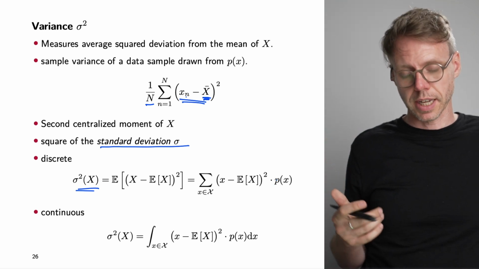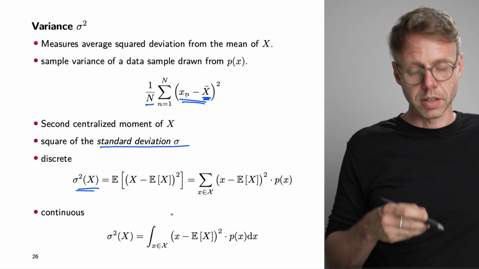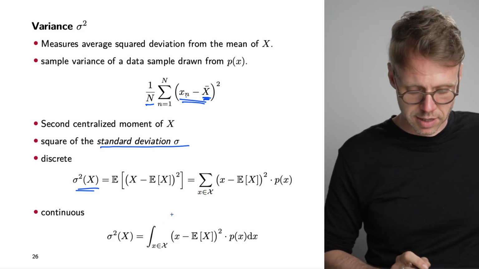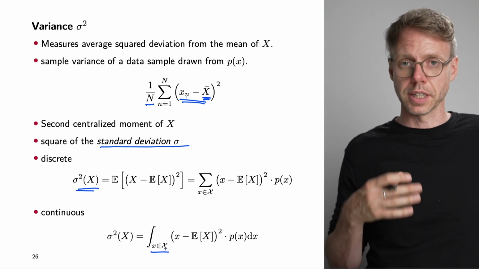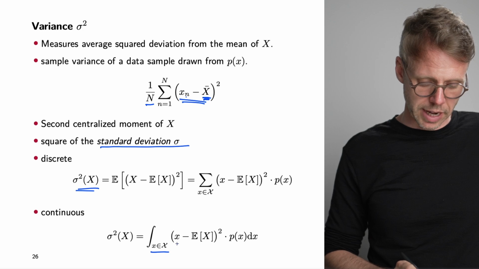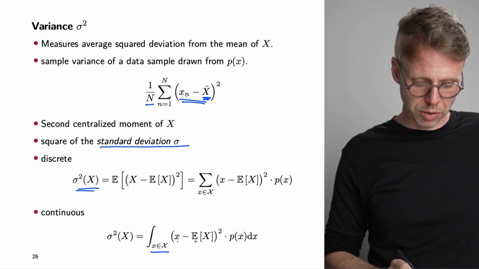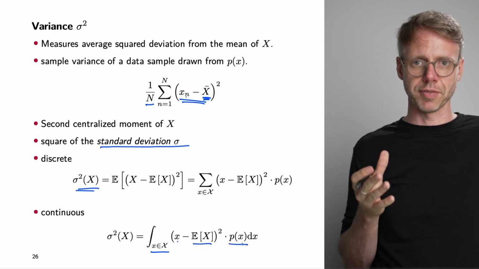And in the continuous case, the expectation is not a sum, but an integral. It's an integral over all the values that x can take of this squared difference between this value and the expected value of x, weighted by the probability density function.